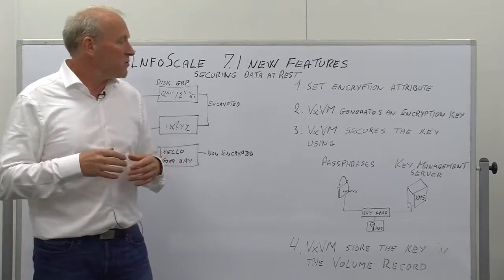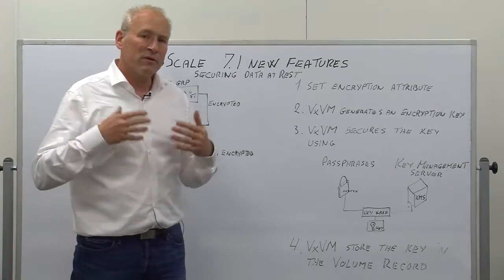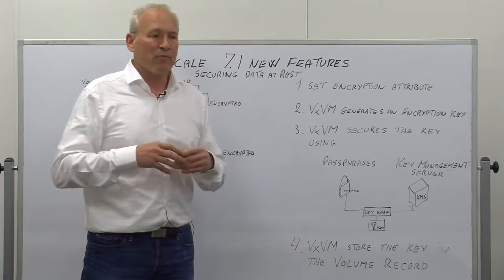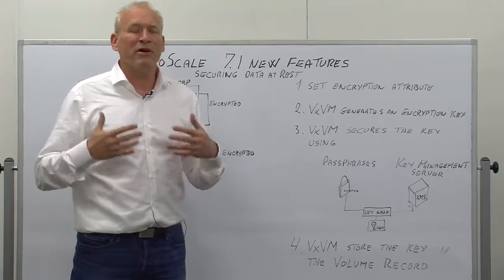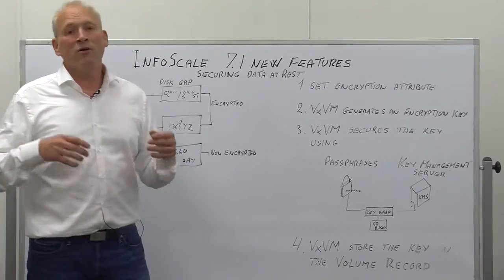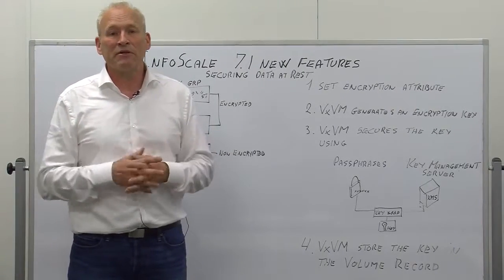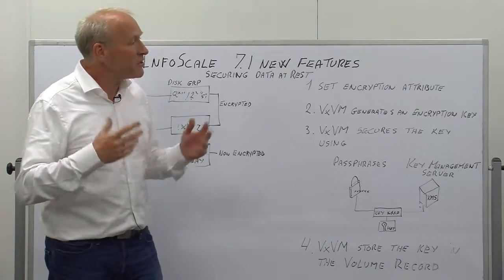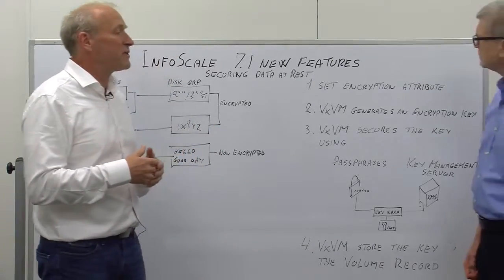So that's the way we ensure that our data is prohibited from being accessed by unauthorized personnel, or we can just throw out our disk when they are ready to retire. So that's really about securing data at rest.